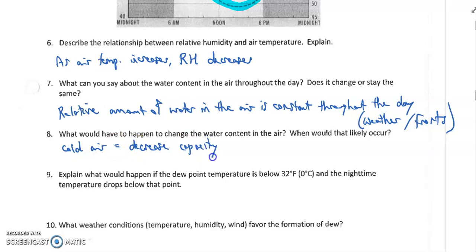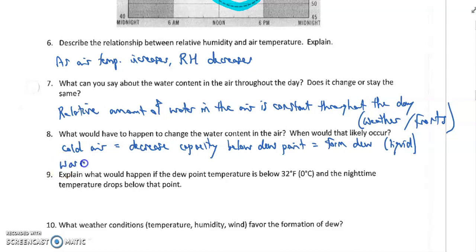And if I can decrease capacity below the dew point, what that means is some of that water in the air will actually turn into liquid water. It will no longer be able to support gaseous water. So this would then form dew, or liquid water. So now I'm converting the gas into liquid, and I'm actually removing the amount of dissolved water from the air.